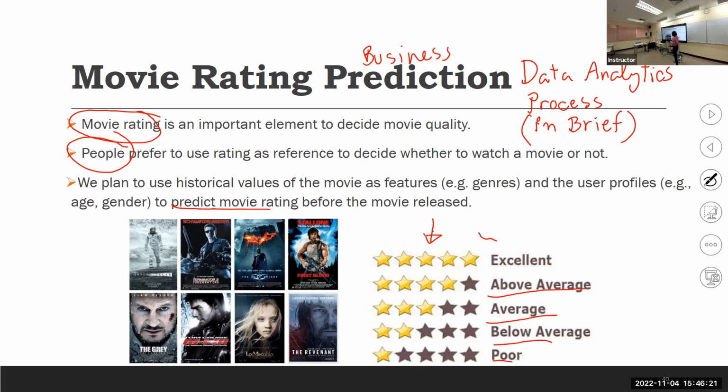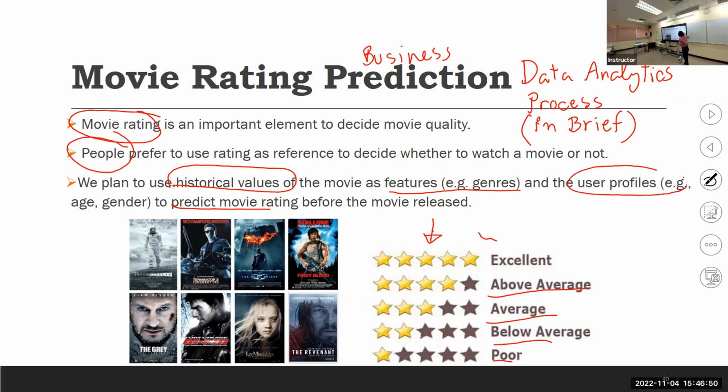And you may need to pre-identify that, in order to do the prediction, history values of movie features, such as genre, release year, director, could be the input variables for predicting.